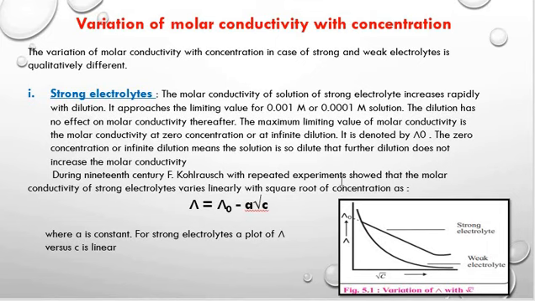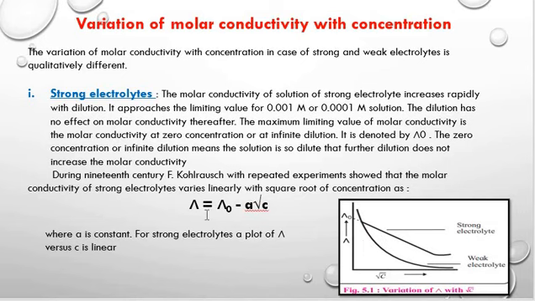In the 19th century, Kohlrausch repeatedly did experiments and showed that the molar conductivity of strong electrolytes varies linearly with the square root of concentration. In this way, he showed the graph between molar conductivity and square root of concentration.